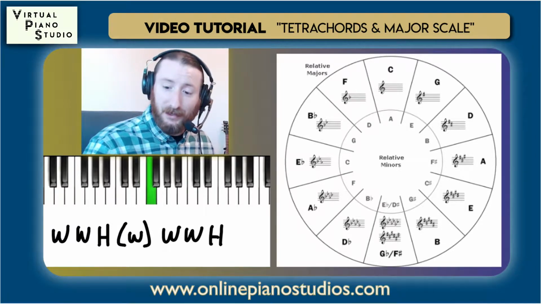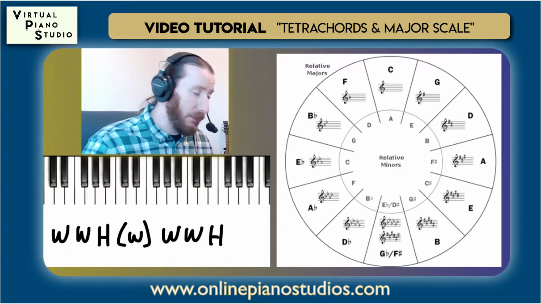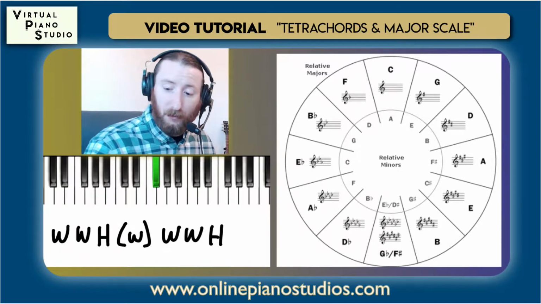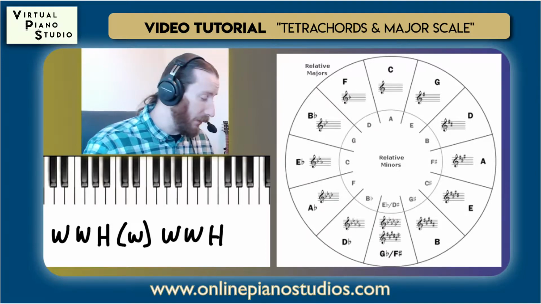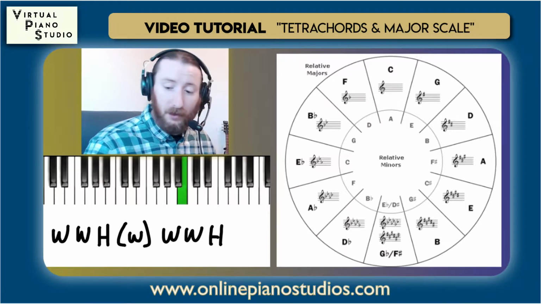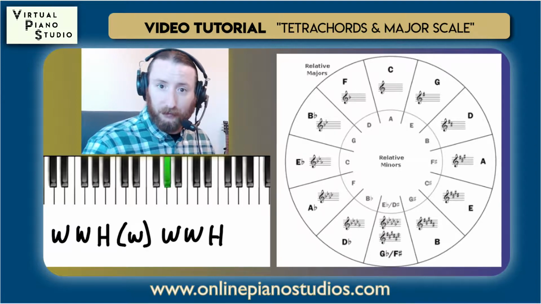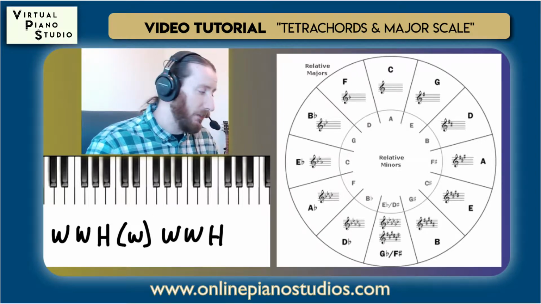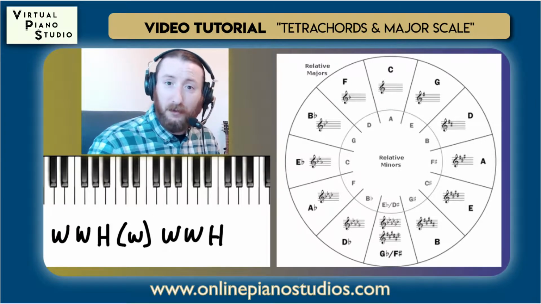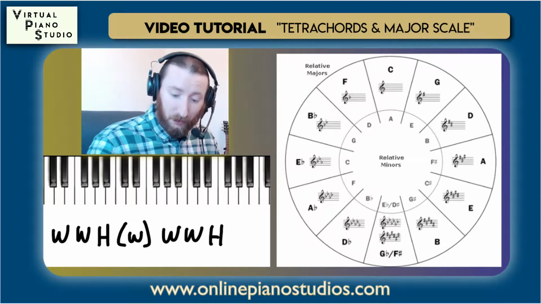So E to F is a half step. E to F sharp is a whole step. So a whole step is two keys or two half steps, and a half step is each key. That is very important because you need to be able to understand whole and half steps on at least a basic level to be able to do this exercise, tetrachords.